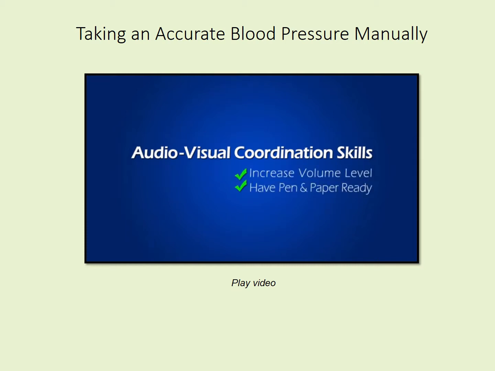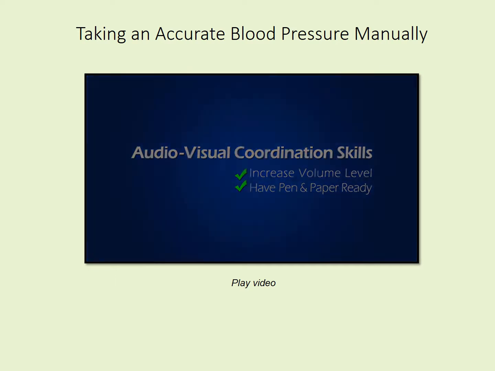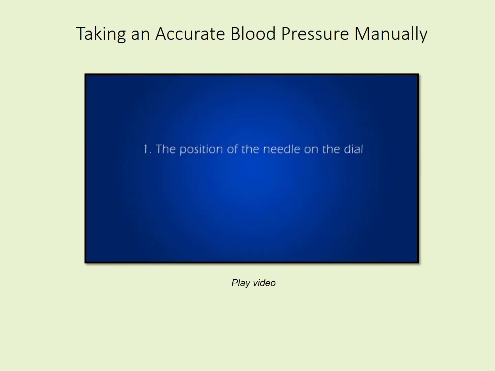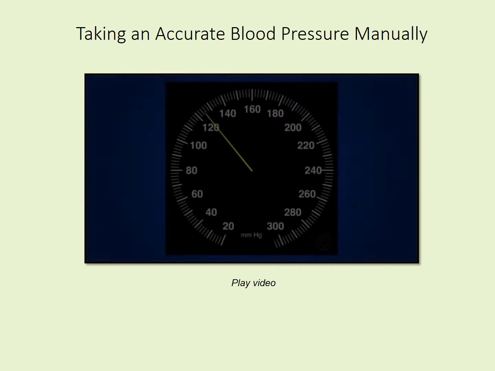And for this, please increase your volume level and have a pen and paper on hand. There are two main areas that you need to focus on when determining a blood pressure reading. 1. The position of the needle on the dial, and 2. The Korotkov sounds. We will refer to the Korotkov sounds as thumping sounds for the duration of this video.